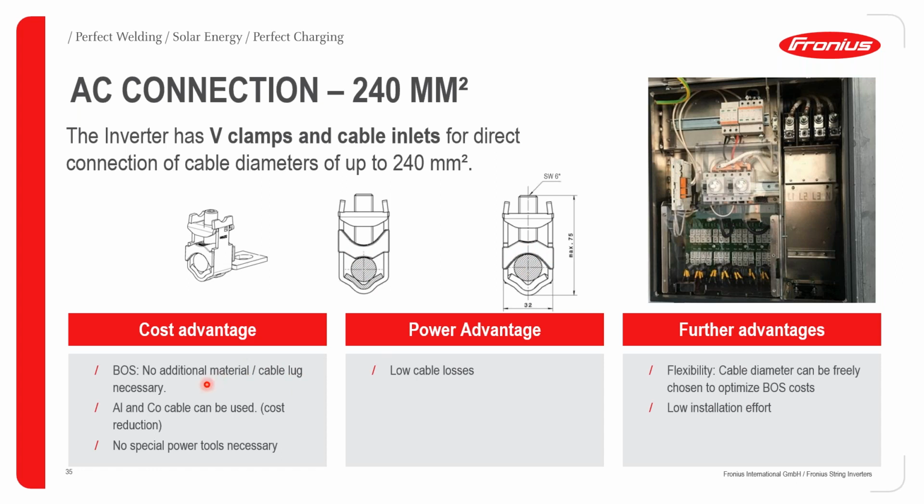So the cost advantage is that there's no necessity for using cable lugs anymore. Aluminum and copper cable can be used, and no special power tools are necessary because of the ease of connection. It can give low cable losses, and the cable diameter can freely be tuned to optimize BOS costs, as already explained.